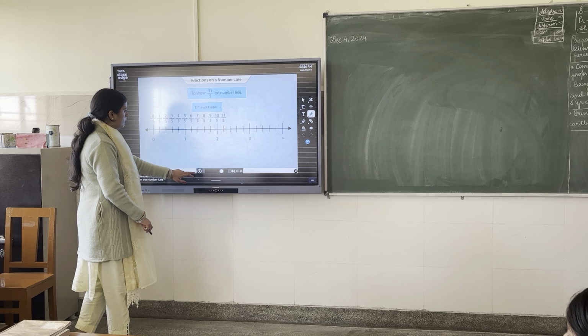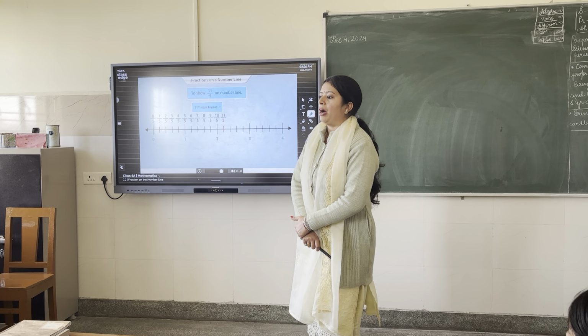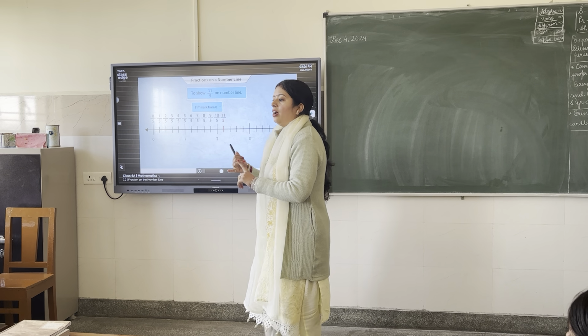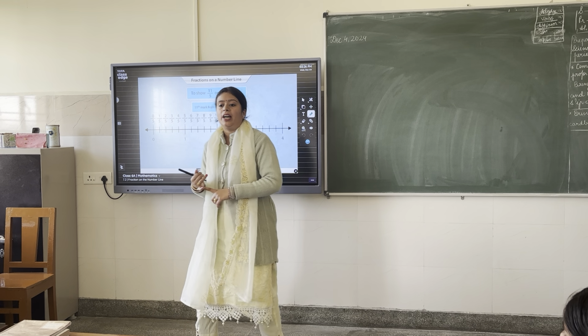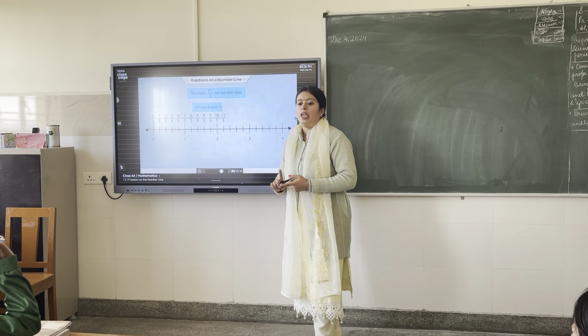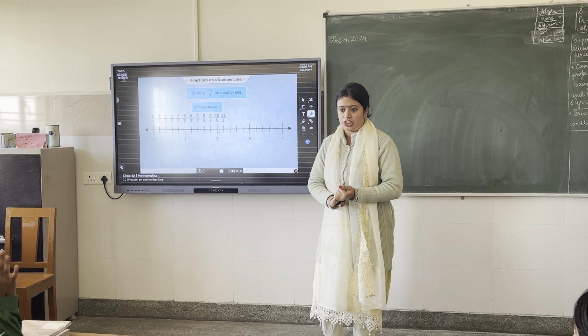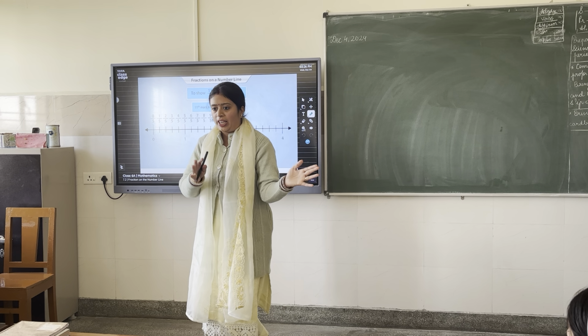As you can see, today we learned what a fraction is, what like fractions are, and the types of fractions. Tell me the types of fractions. Proper, improper, and mixed fraction. Yes. And then we learned how to compare like fractions.